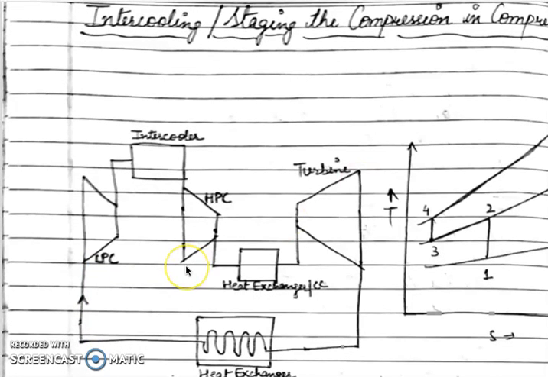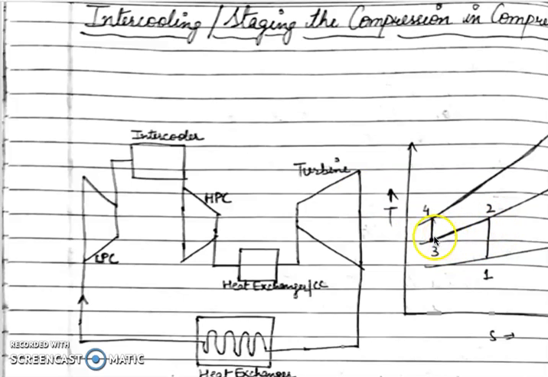Now another type of improvement in the cycle may be obtained by intercooling, or the staging of the compression process, like the staging of the expansion process in reheating. As we can see, this is the block diagram or schematic, and this is the TS diagram. This is the low pressure compressor, where compression takes place from 1 to 2. Then 2 to 3 is the intercooling process which takes place in the intercooler, a heat exchanger used for extracting heat from the air coming from point 2.